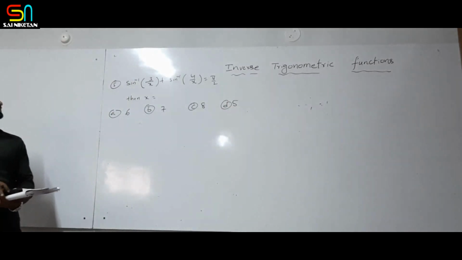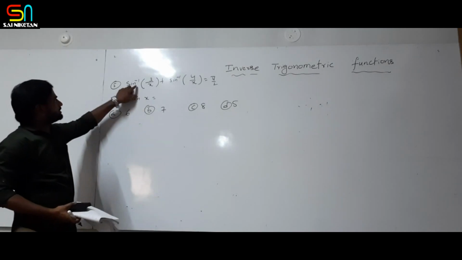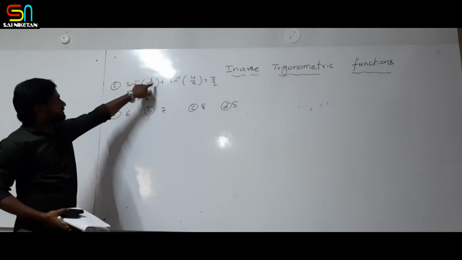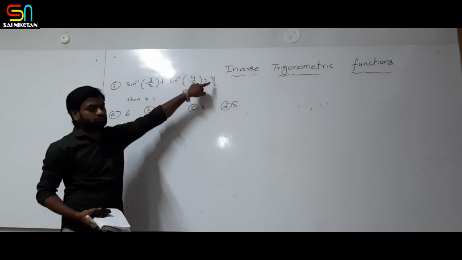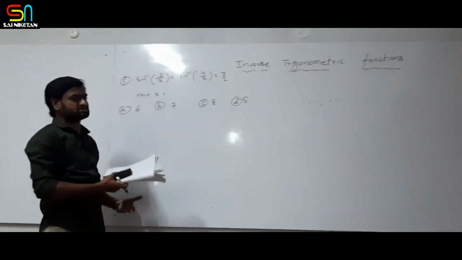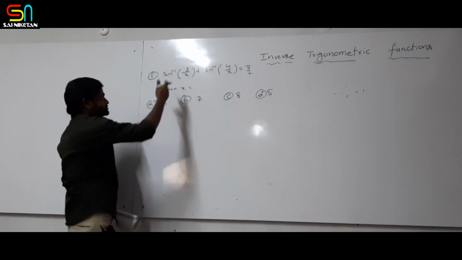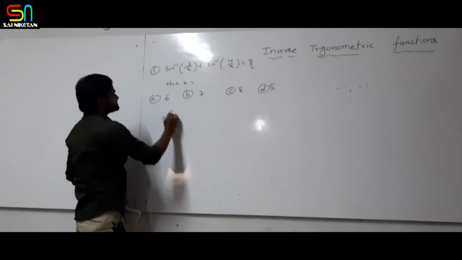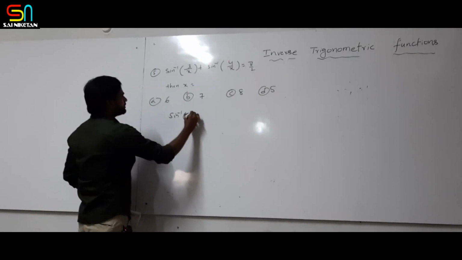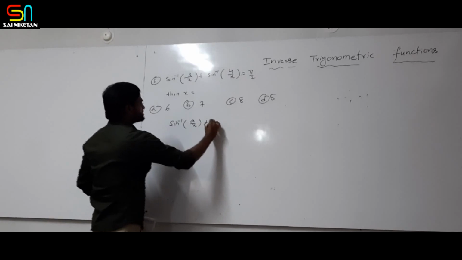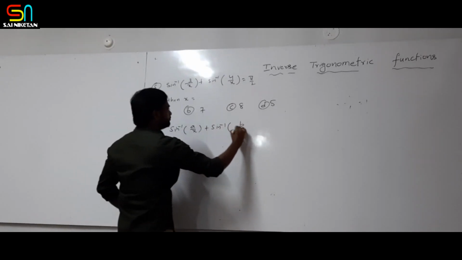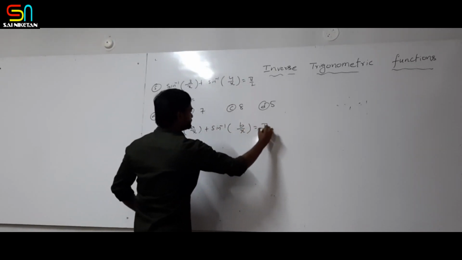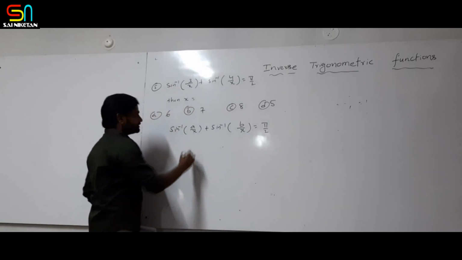Now see here, what is given here? Sin inverse of 3 by x plus sin inverse of 4 by x equal to pi by 2. It is in which form? Already I gave the formula in the synopsis. It is sin inverse of a by x plus sin inverse of b by x is equal to pi by 2. Then what is the x value?